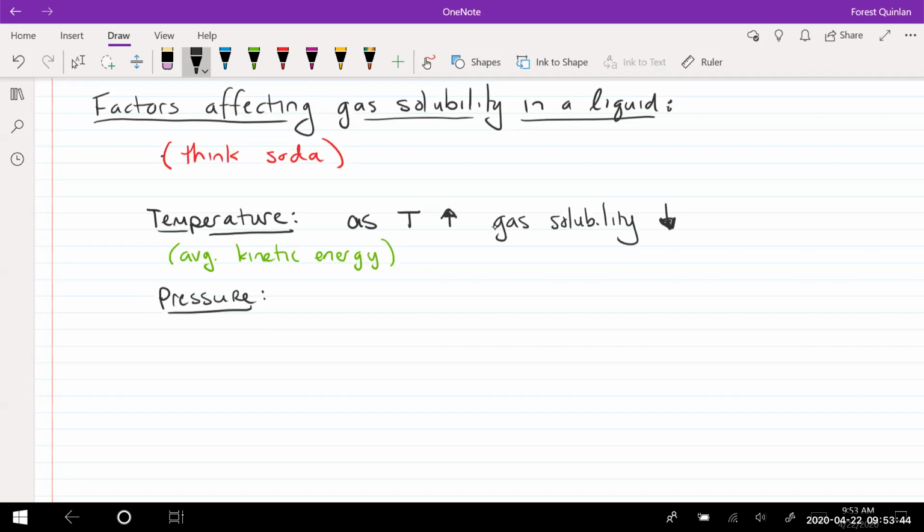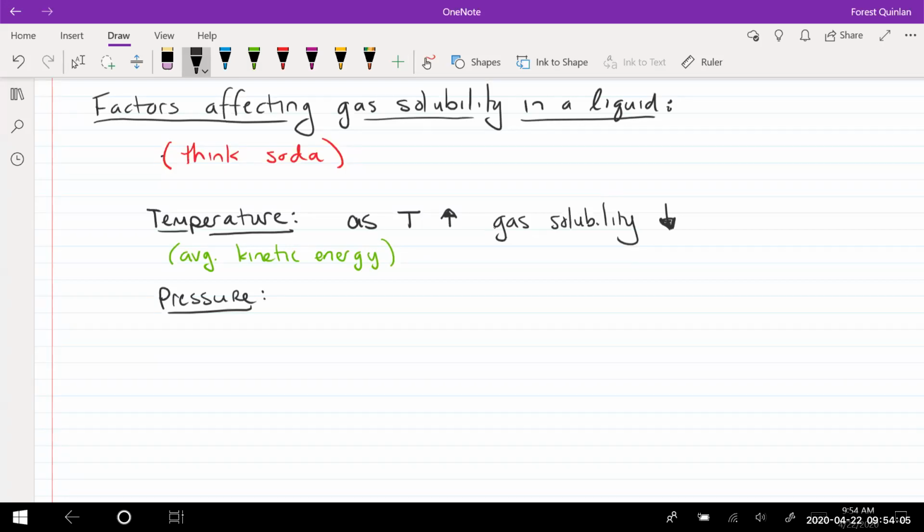So they pack these sodas nice and cold. They pack them with a whole bunch of carbon dioxide pressure inside the bottle. And that is to make sure that that CO2 gas stays in the liquid where they want it. The more pressure, the more you can shove those gas molecules in.